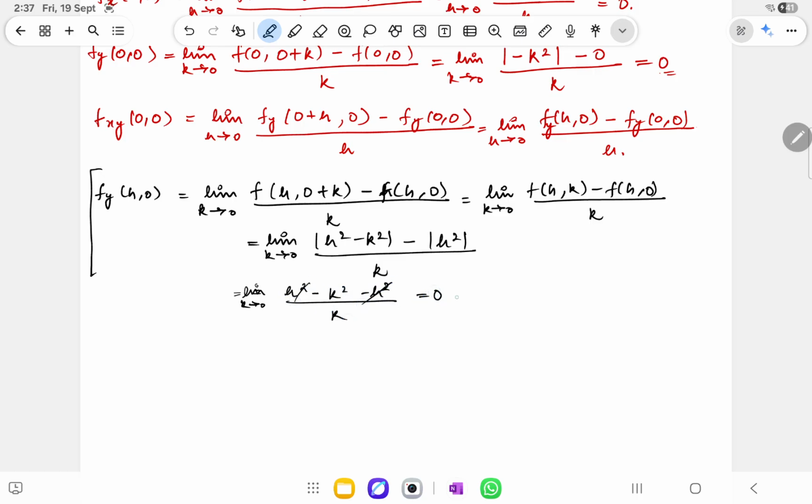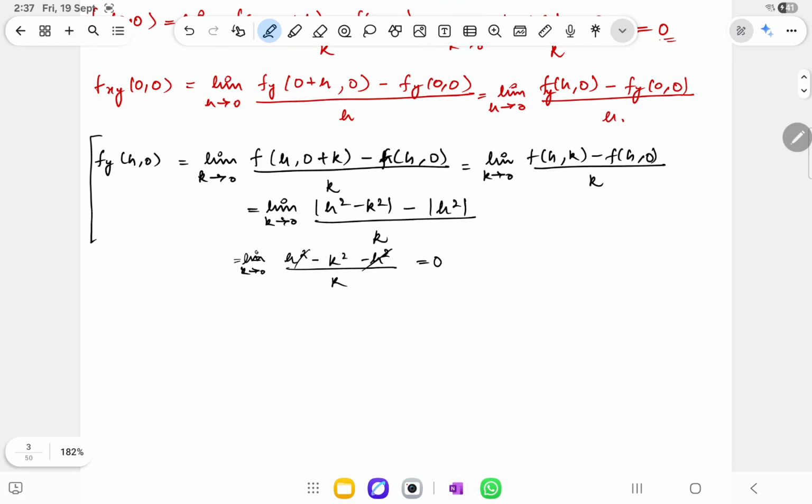So this also gives us limit as 0. So we got f_y(h, 0) as 0.